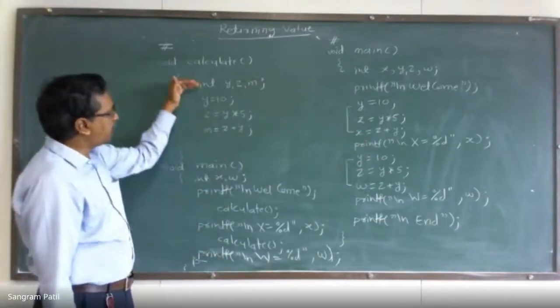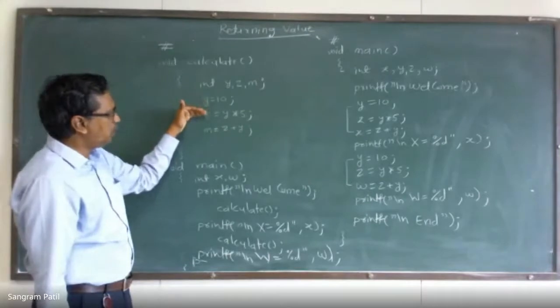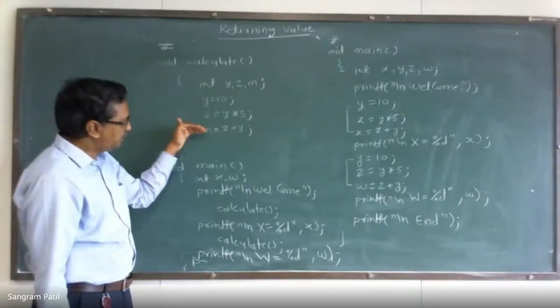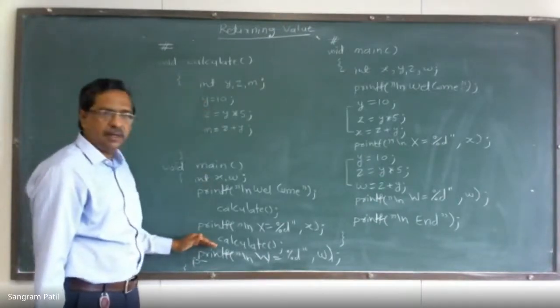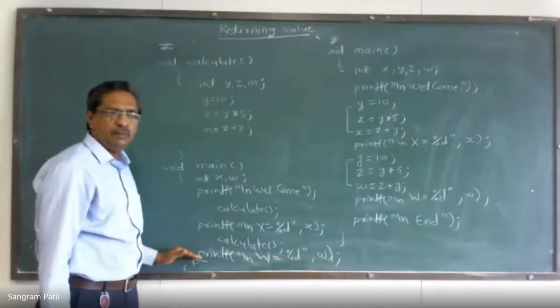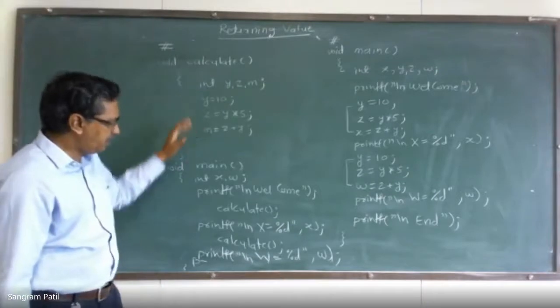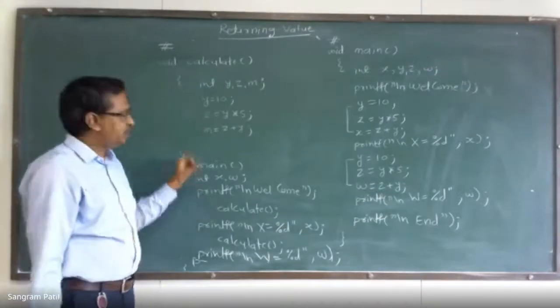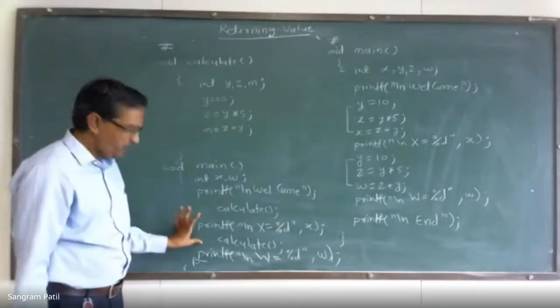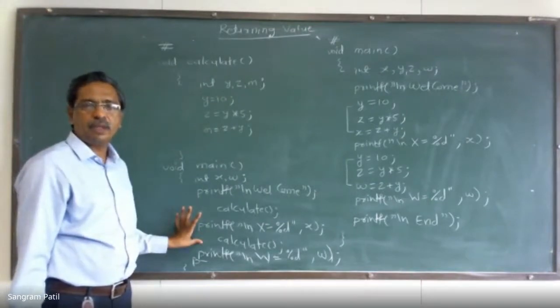Again it will go to execute calculate. y equal to 10, z is equal to y into 5, m. This m now we want as w, and then print value of w. So first time this value of m we want as x. Second time this value of m we want as w.